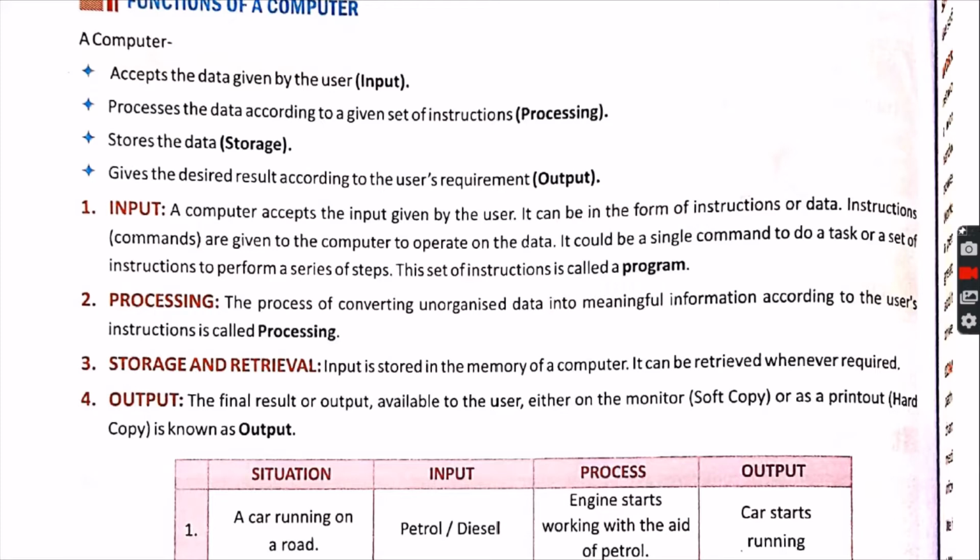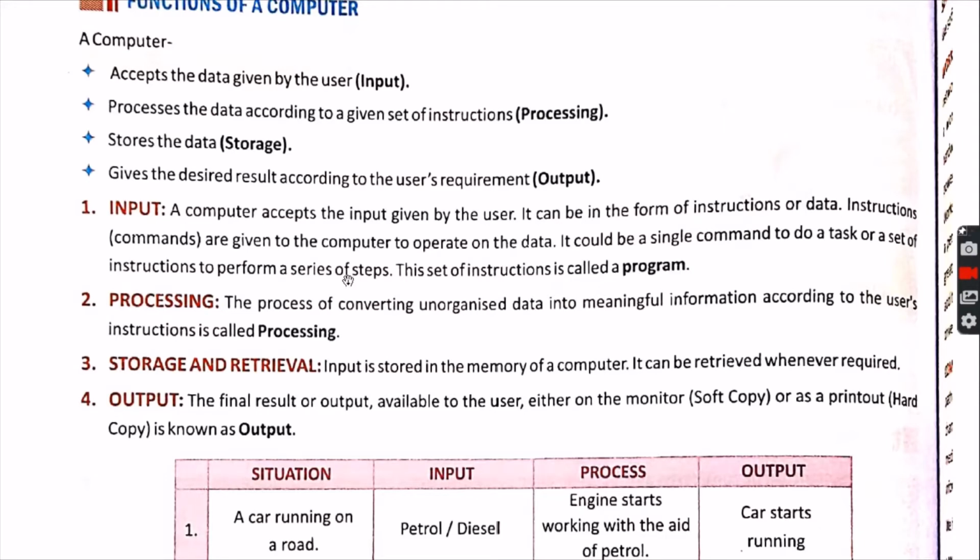So the computer accepts the input according to the program the user made. Those who are software engineers, the programmers who write the instructions for the computer, they say how to accept the input, where to store the input and how to process it. So it performs all these things with the help of computer programs. And what is a computer program?